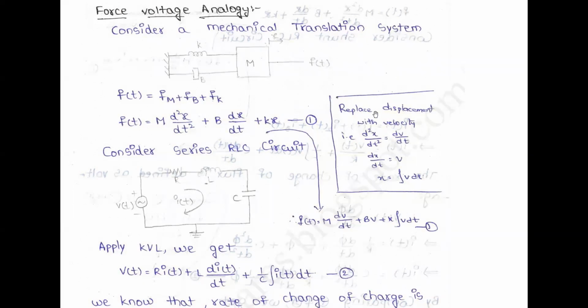So in the force voltage analogy, we replace displacement with velocity. d square x by dt square you replace with dv by dt, dx by dt you replace with velocity v, and x is replaced by integral v dt. d square x by dt square is dv by dt, dx by dt is equal to v, x is equal to integral v dt.